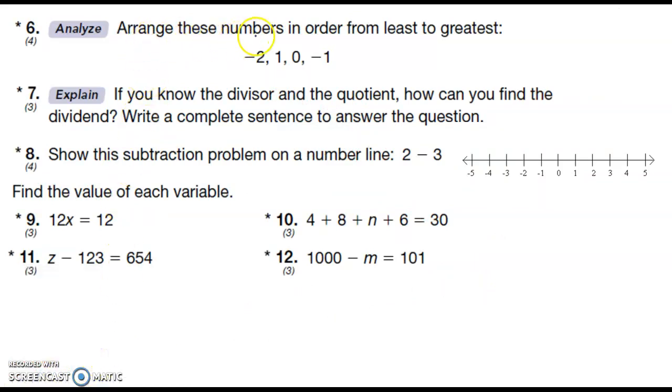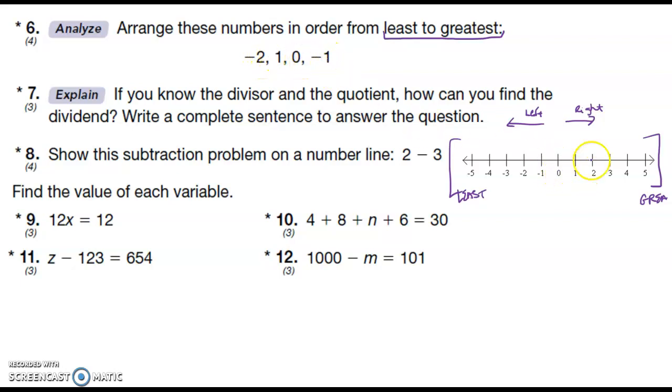All right, arrange these numbers in order from least to greatest. Now if you look at our number line right here, you'll see this is the greatest and this is the least. Okay, so if something's more left, it is smaller than something that is more right, if that makes any sense. So let's see, I have -2, 1, 0, and -1.